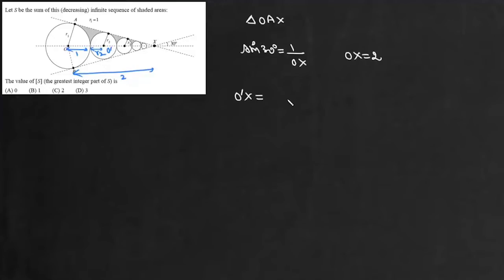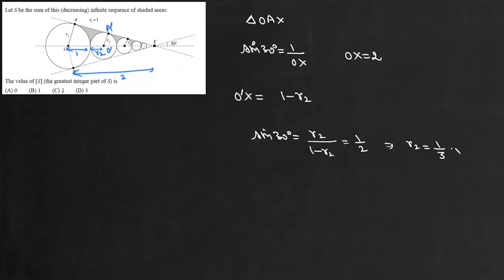So there will be 1 minus R2, and if we write sine theta for this triangle O dash A dash X, then we can write sine 30 as R2 upon 1 minus R2, and this is equal to 1 by 2. Now simplifying this, we get R2 as 1 by 3.